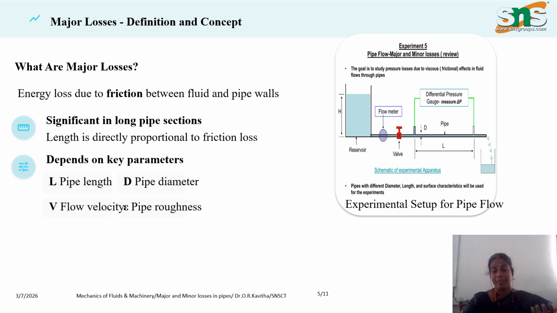The parameters involved are the length, the diameter, the velocity of the flow, and the pipe roughness. Some experiments are there to find the frictional losses. By using those experiments we can find the friction loss, and you can give some remedy for that also.